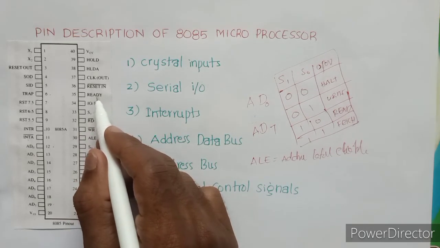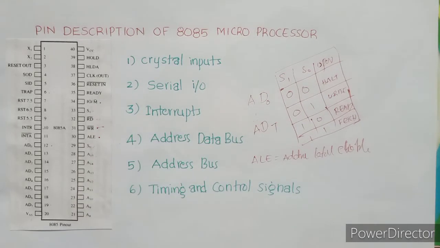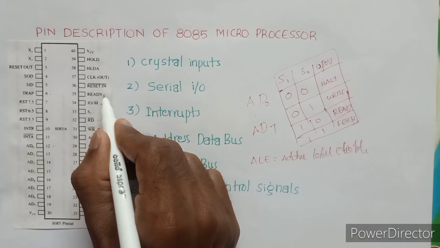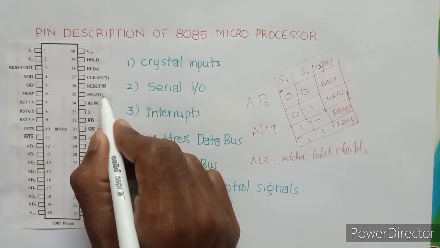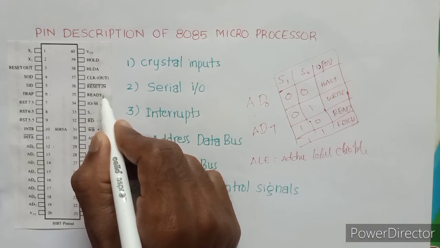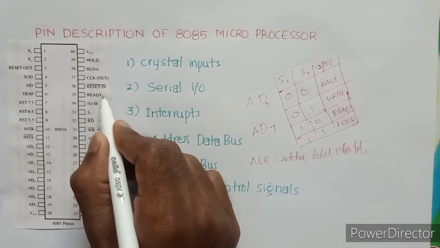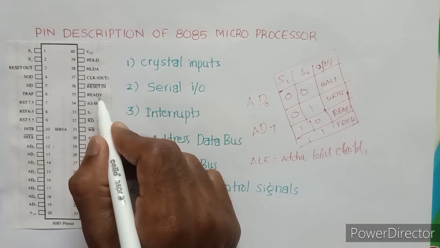Next pin is READY, an input pin which provides the ready signal. If ready input is 0, the microprocessor waits. When ready goes from low to high, the microprocessor continues.